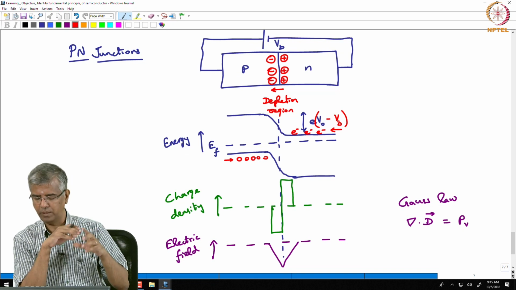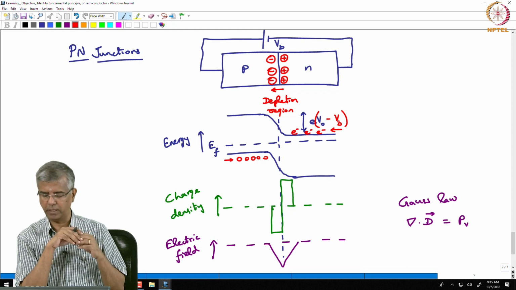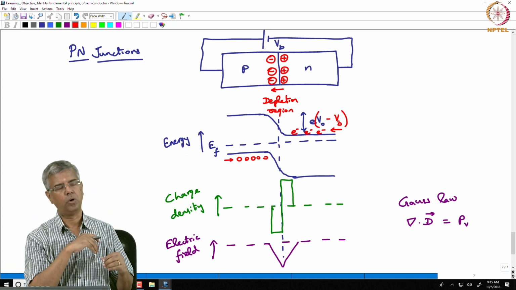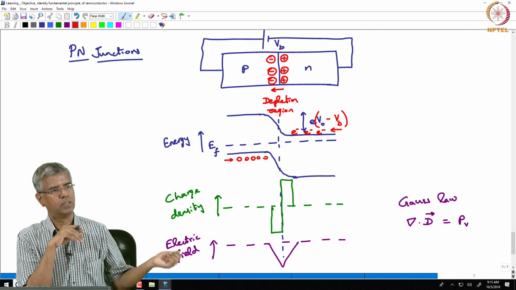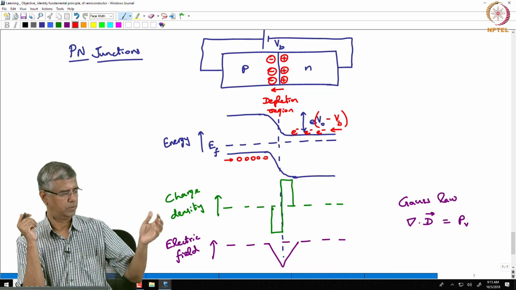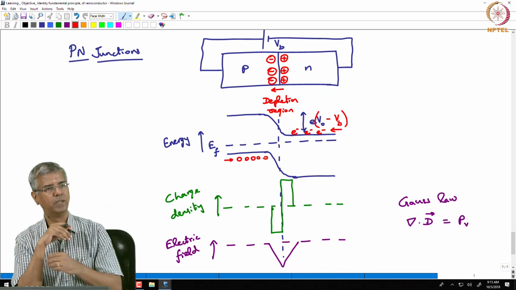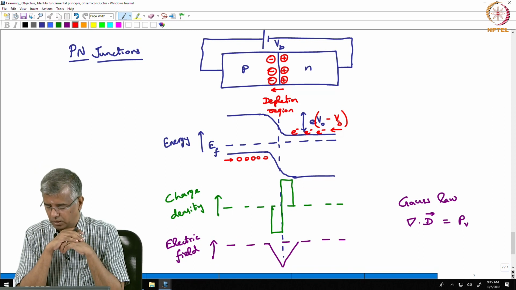Okay. And of course, when the barrier height becomes 0, that means there is a free flow of electrons from left to right, and holes from right to left, electrons from right to left, and holes from left to right. Okay.